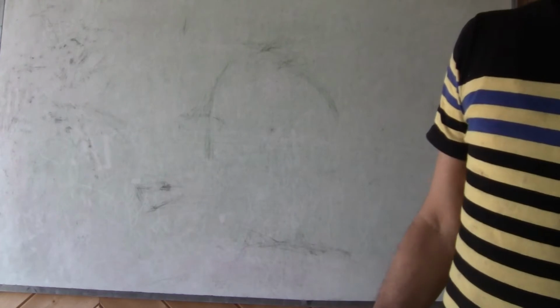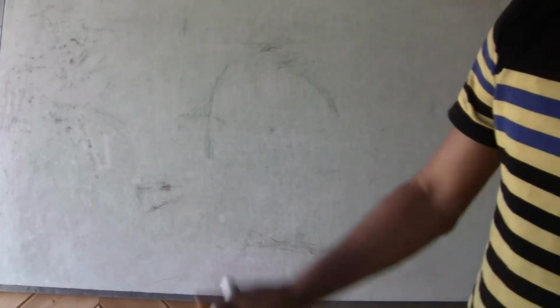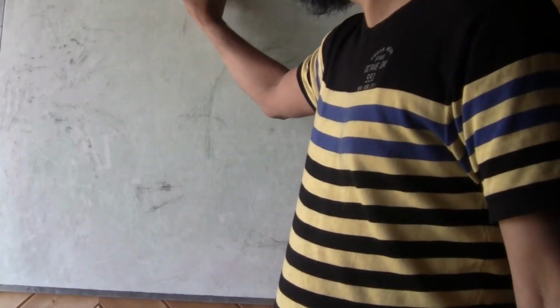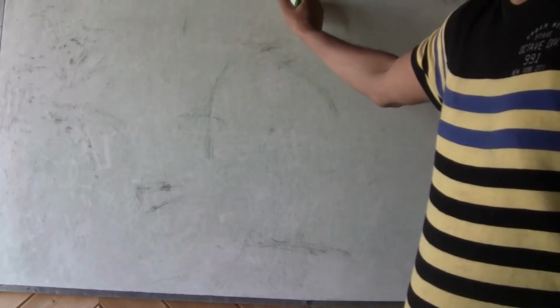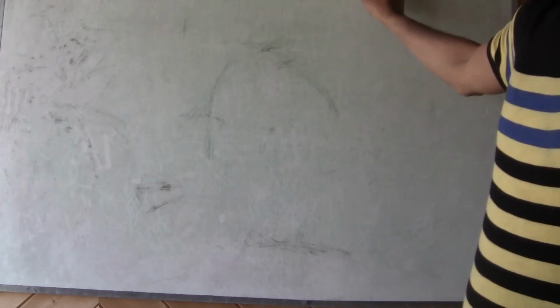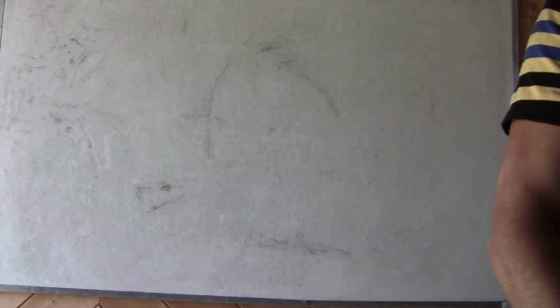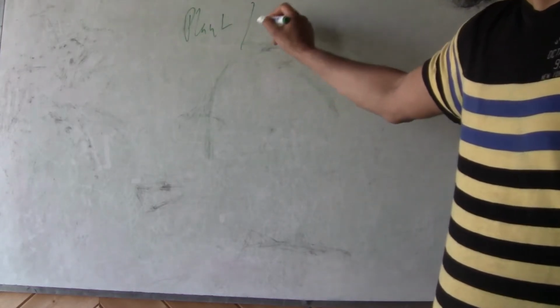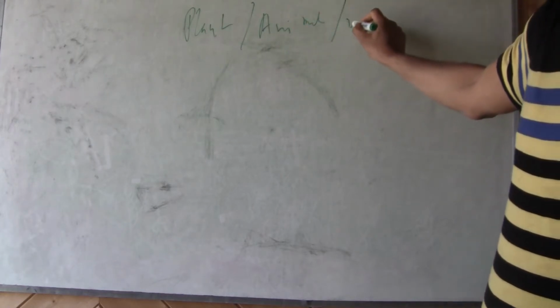So these miRNAs are non-coding RNAs, and they usually are 21 to 24 base pairs long, and they are found in plants, animals, and viruses.